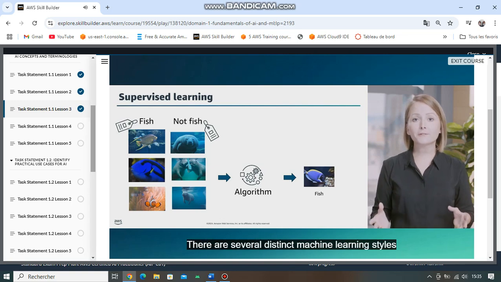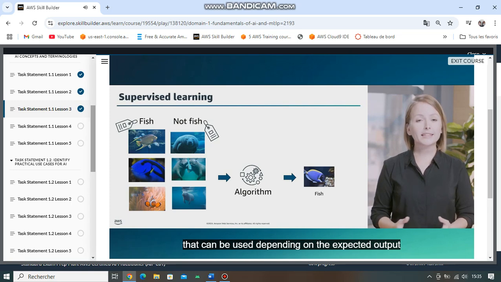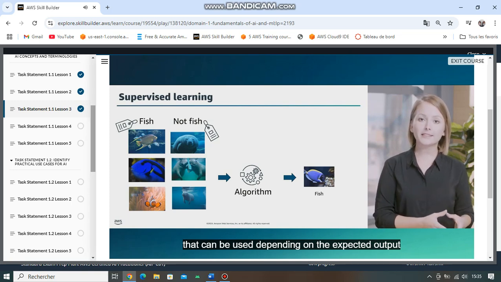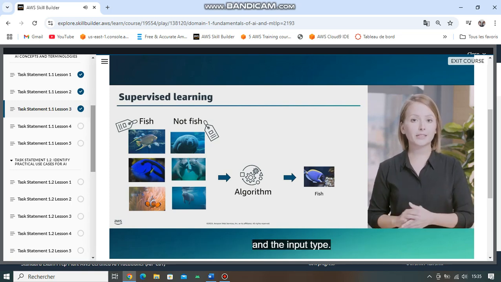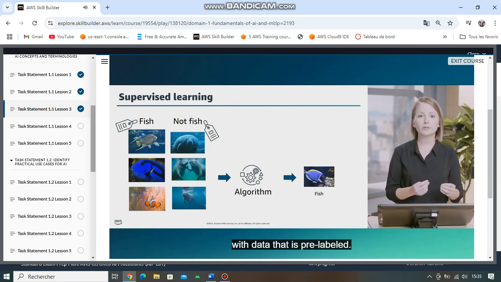There are several distinct machine learning styles that can be used depending on the expected output and the input type. The first is supervised learning. With supervised learning, you train your model with data that is pre-labeled.